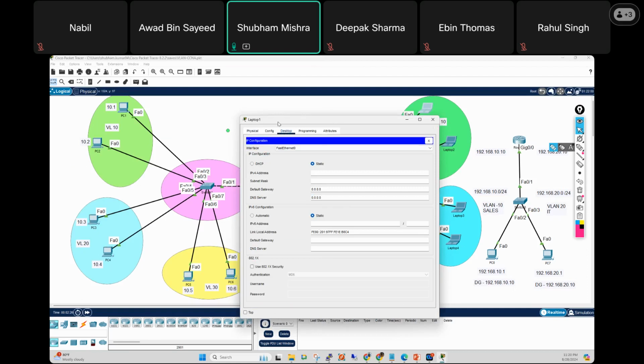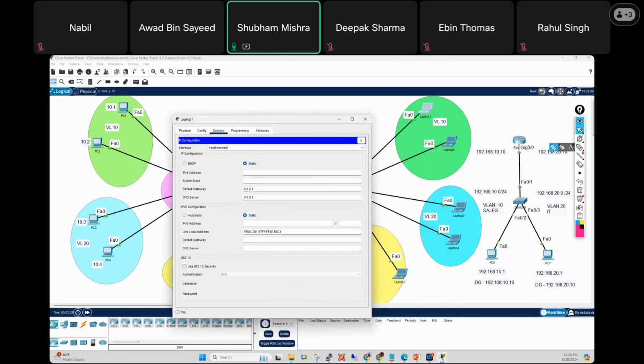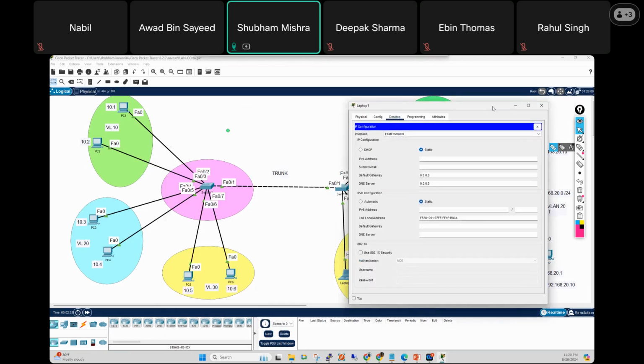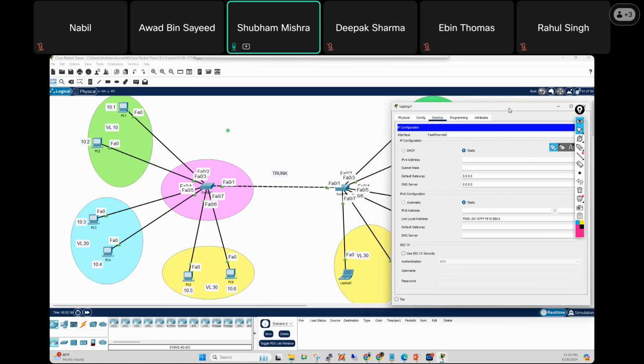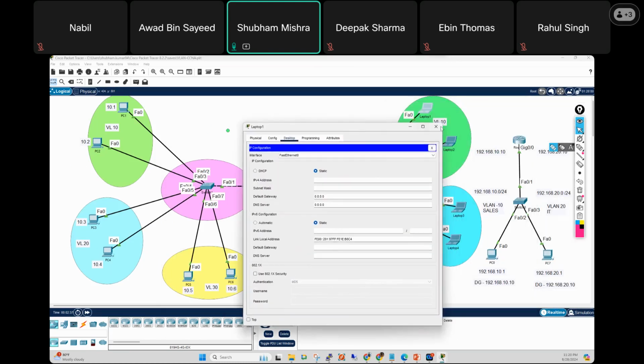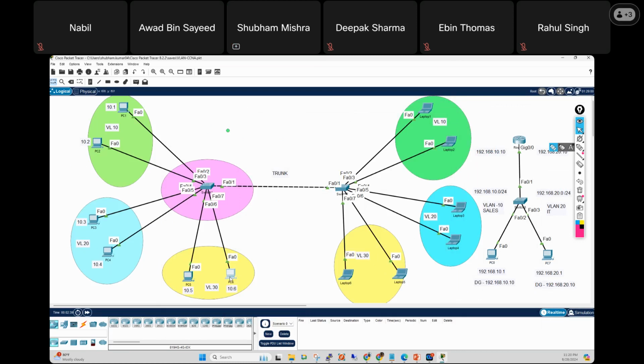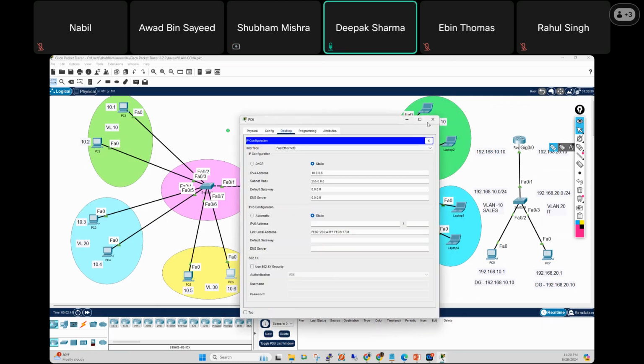Here we do not have an IP address. So what we will do, we will configure, let's suppose, what was the last one configured, guys? 10.6, I think. Yes, 10.6.